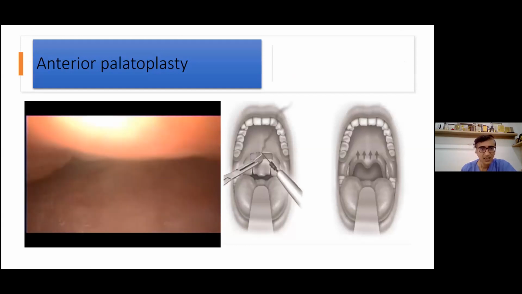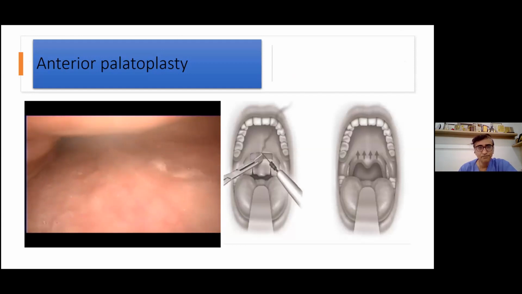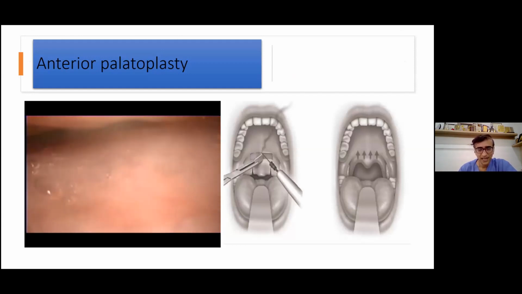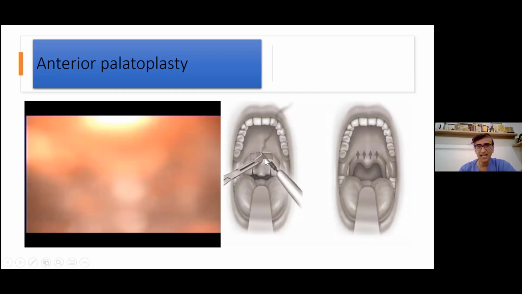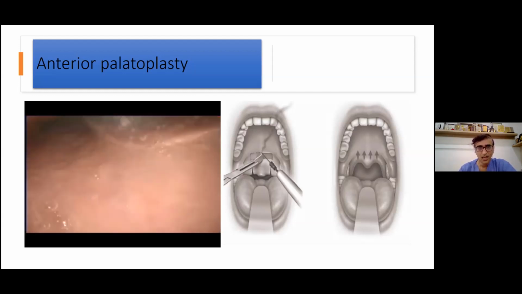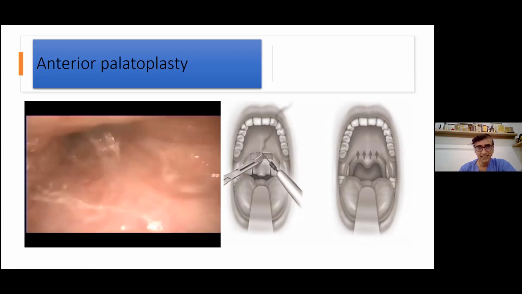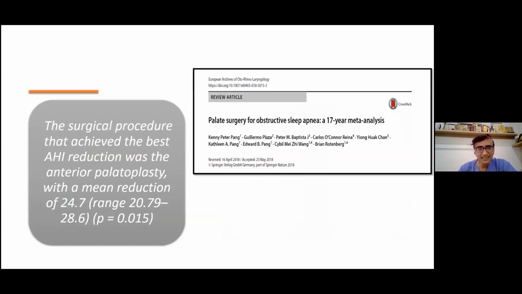of obstruction on drug-induced sleep endoscopy, this is a very simple procedure. And even though it looks very simple in the picture, and you yourself would know that it's a simple procedure, a simple procedure necessarily doesn't mean bad results.